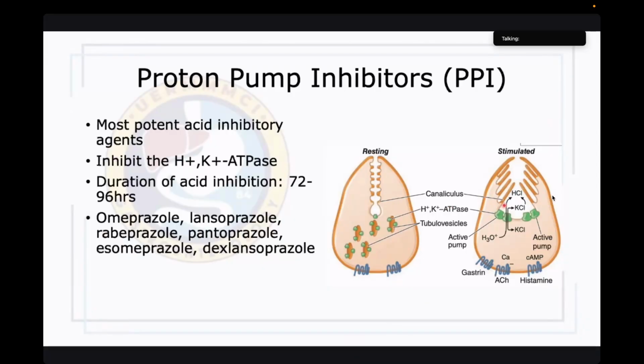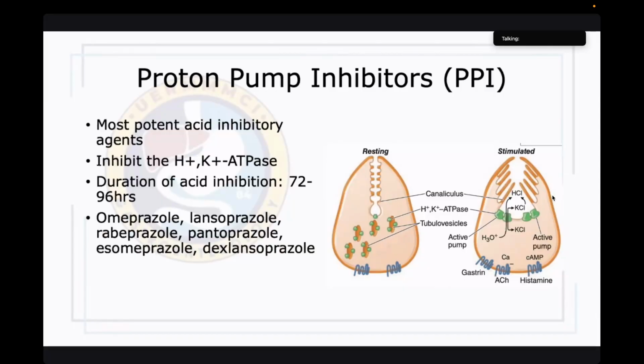When the parietal cells are stimulated, the final common pathway of acid secretion is the activation of the hydrogen potassium ATPase, or the proton pump. Blocking this using proton pump inhibitors is the best way to inhibit acid secretion. And for the past years, it has been proven to be a powerful tool for long-lasting acid suppression.